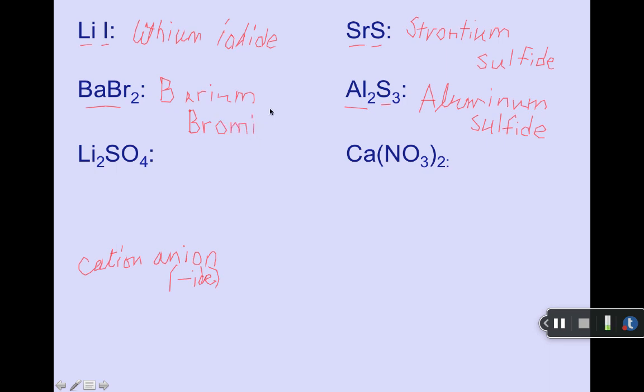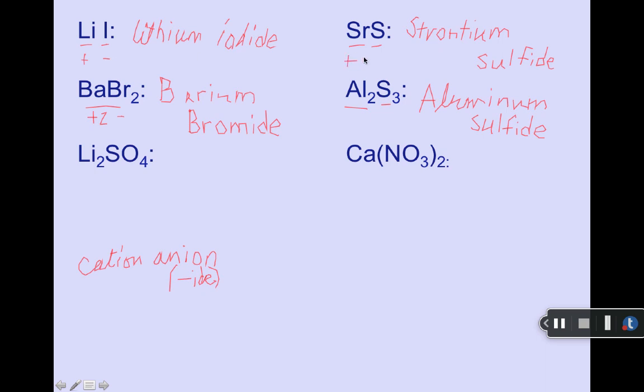Nothing more to write. Doesn't tell you that there's two there, but you realize that the electrically neutral formula reflects the fact that barium has a +2 charge, bromine has a -1 charge, and there must be two of the bromine to make that work out. The first example, lithium is +1, iodide is -1, so one of each.